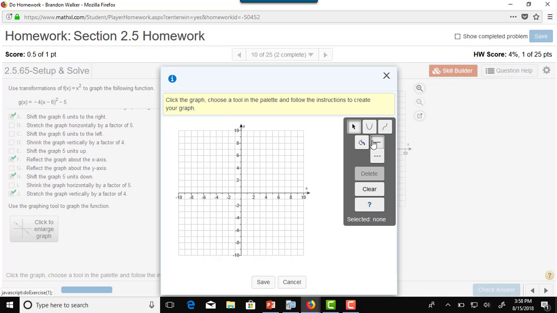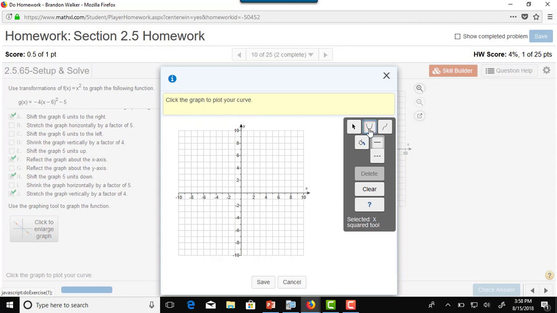So in this case, I can choose the palette that works for me, which is this parabola, the squared tool. So I can click on that squared tool, and that will allow me to graph transformations of y equal to x squared.